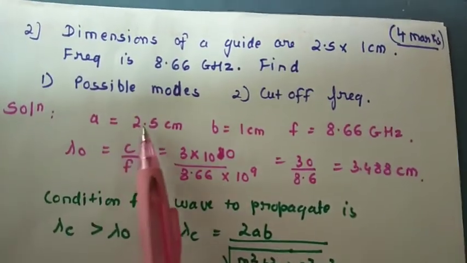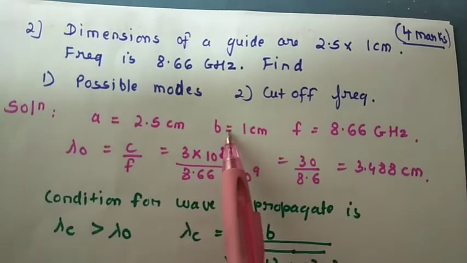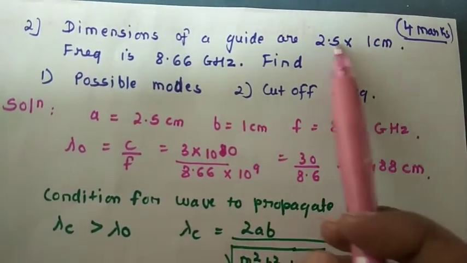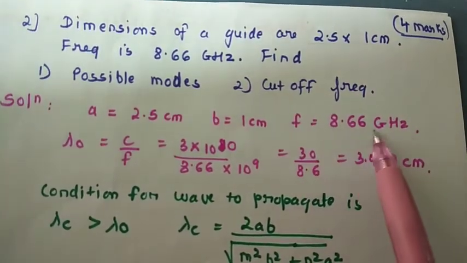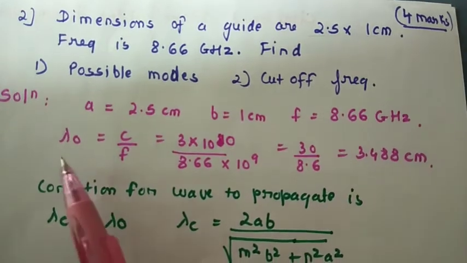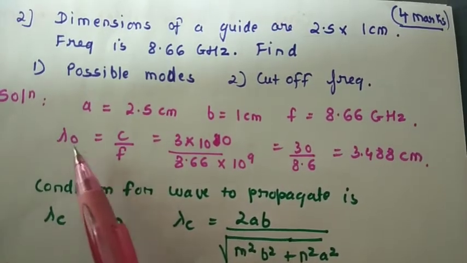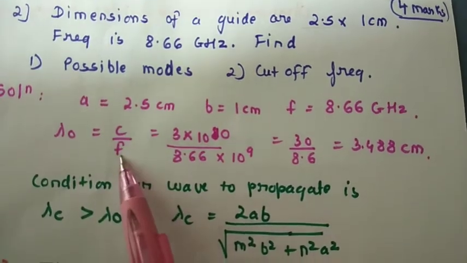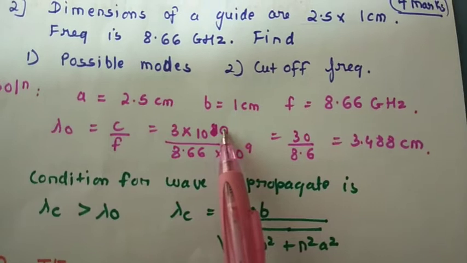We have been given a = 2.5 centimeter, b = 1 centimeter, and f = 8.66 gigahertz. So here first we will calculate lambda 0, that is c by f, that is 3 into 10 raised to power 8.